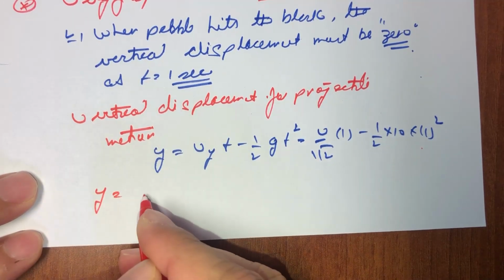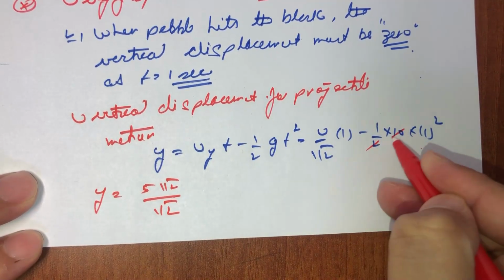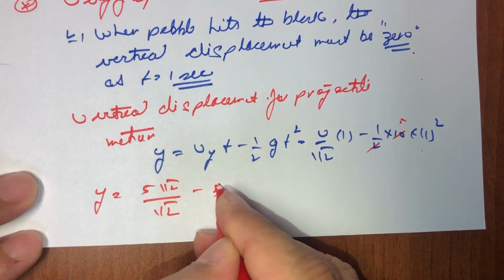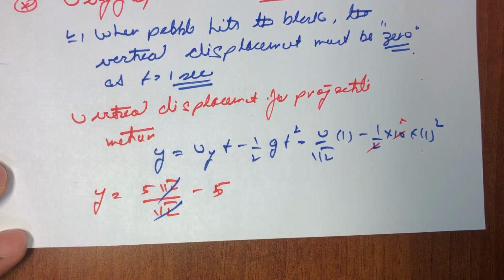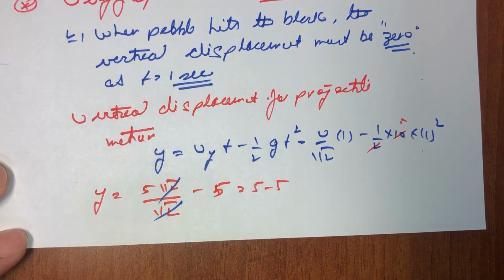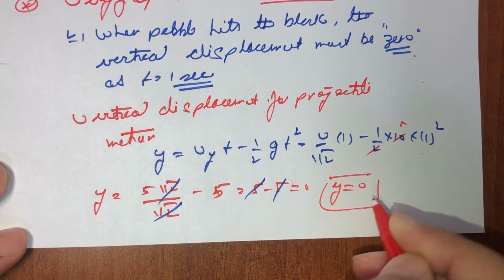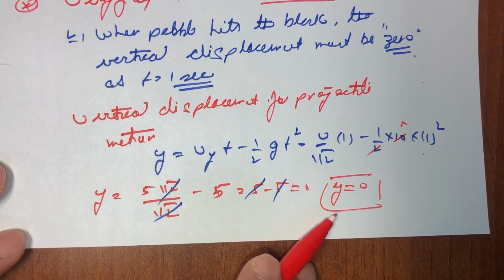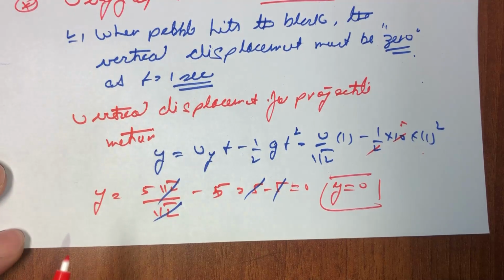So y is equal to 5 square root of 2 divided by square root of 2, minus 5. The square roots cancel out, and we get 5 minus 5, which is equal to 0. So the vertical displacement after t is equal to 1 second is 0. This makes sure that our calculation and answer are correct.